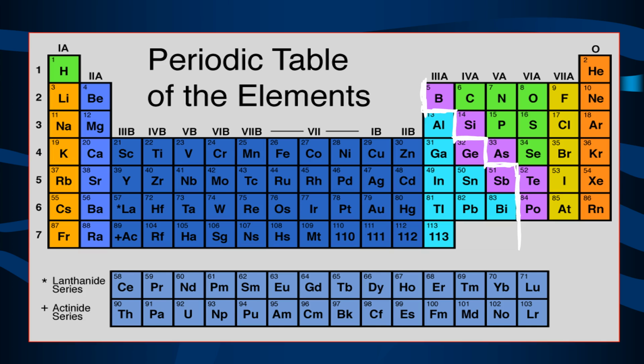And those elements in purple are your metalloids. So what I'm going to ask you to do is either by coloring it using colored pencils, markers from up there, or whatever, I want you to identify your metalloids as those things in purple. You don't necessarily have to write the elements in.